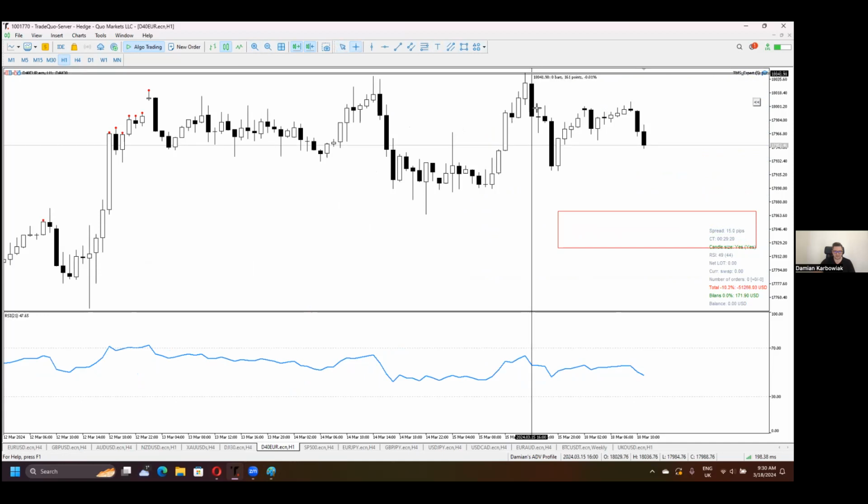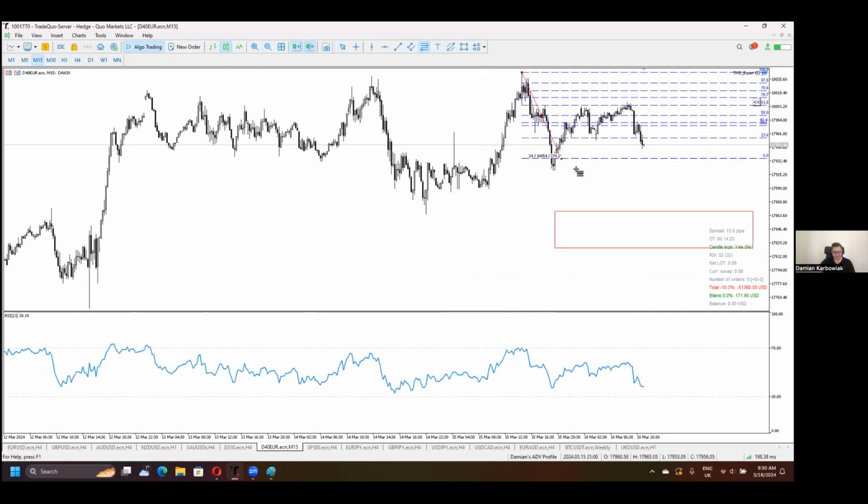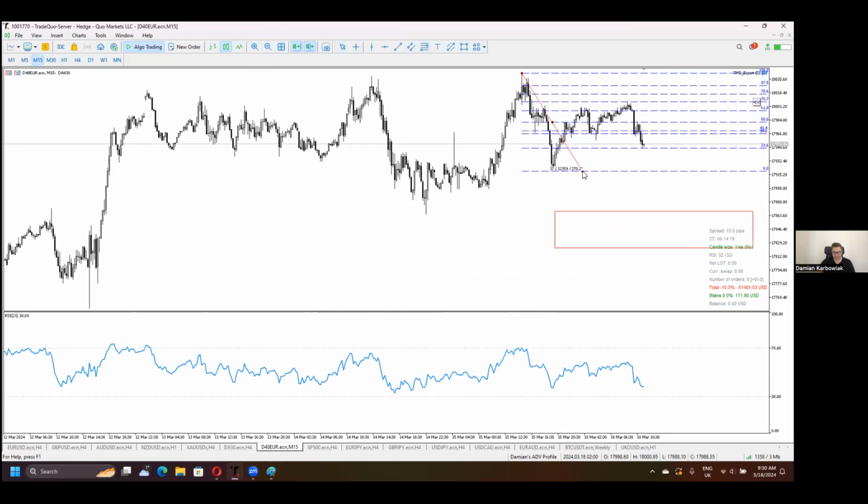But if you treat this movement from the top as a 0 and 1, then what we have is just a deep A right here and some three waves.